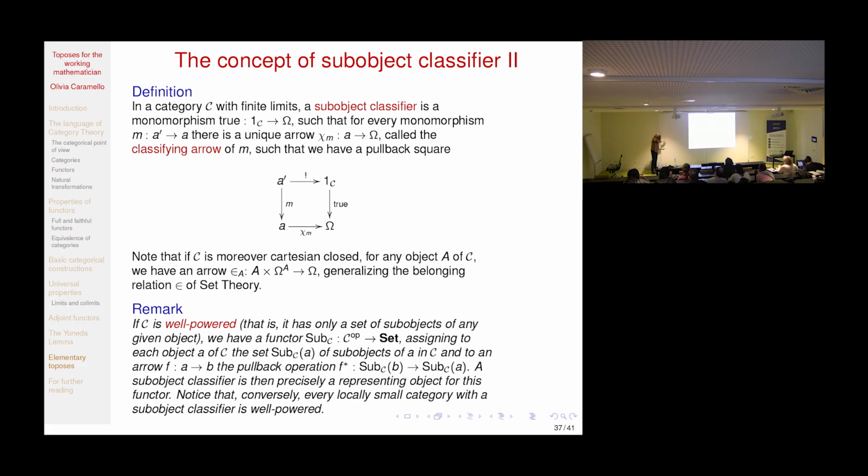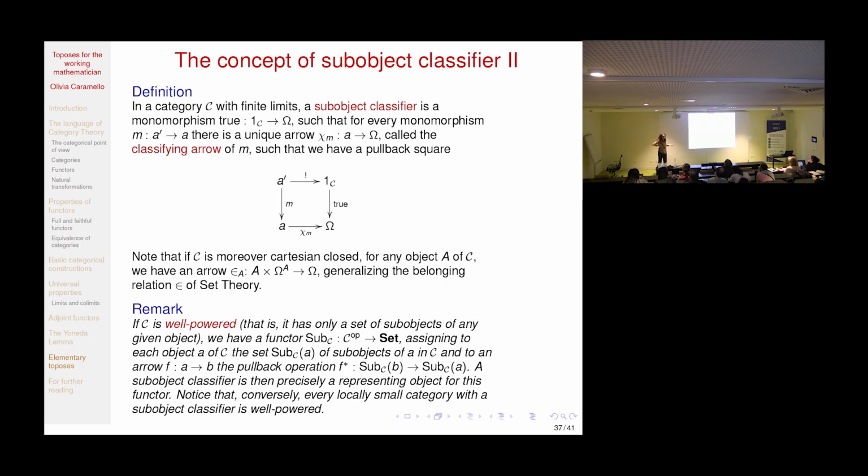It's an easy verification. So it defines a functor like this. And a subobject classifier, one can show, is just a representing object for this functor.